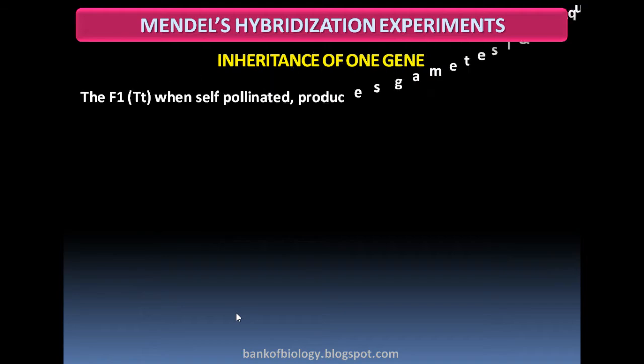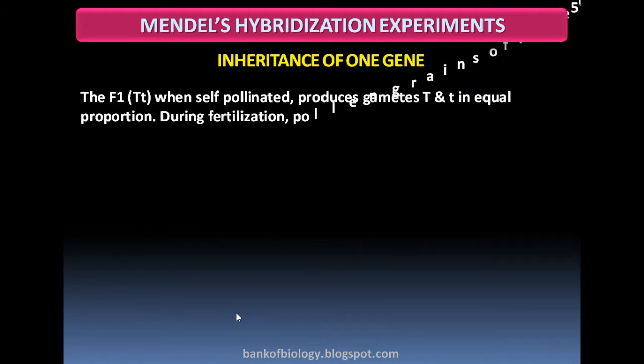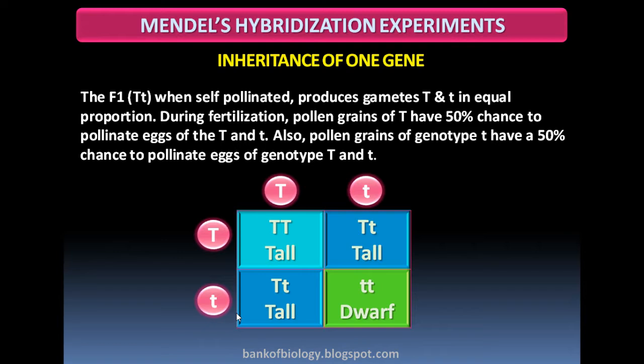If we study in detail the inheritance of one gene, the F1, that means capital T small t, when self-pollinated, produces gametes capital T and small t in equal ratios.